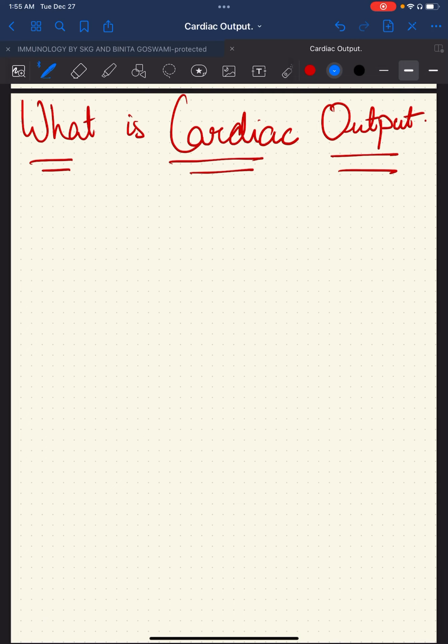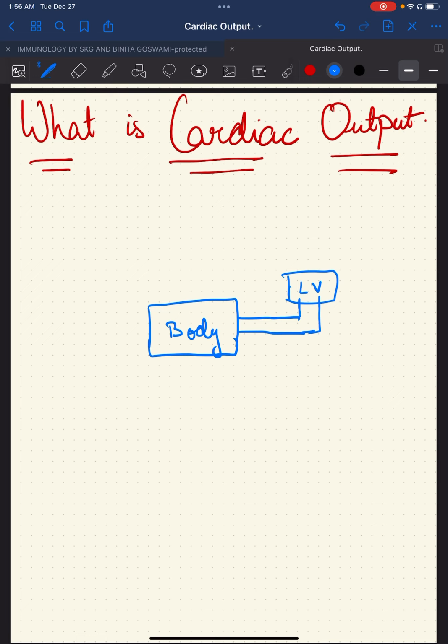Here is my complete body. It is supplied by a chamber of heart called the left ventricle, which is again supplied by another chamber of heart called left atrium. Similarly, blood goes from the body to the right atrium, and from here to the right ventricle.